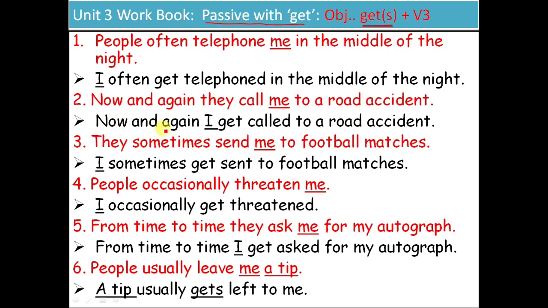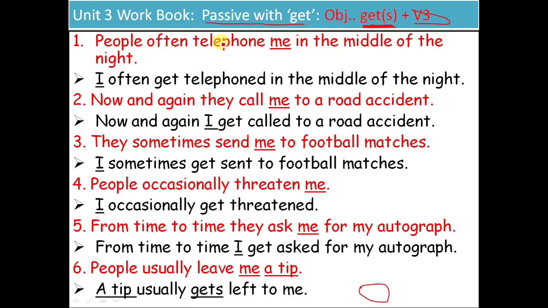If they are kept after the subject in passive, put those markers after the subject, or if they are kept at the last of the sentence in passive, you can put them at the end. So let's do some practice. Here all the sentences are in present, therefore we are using get or gets and then V3.